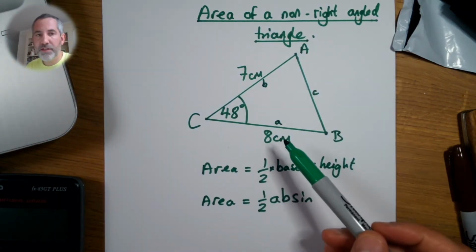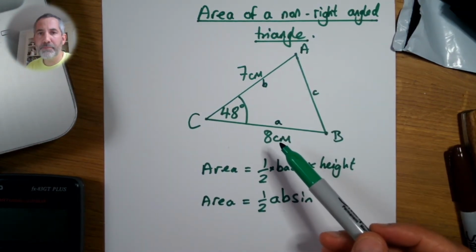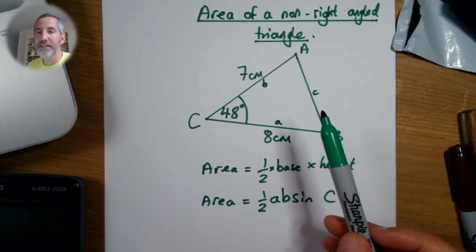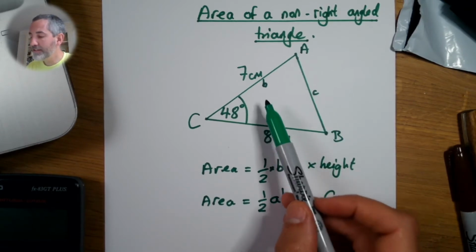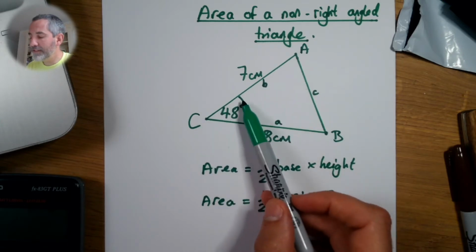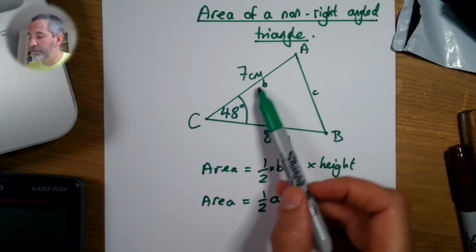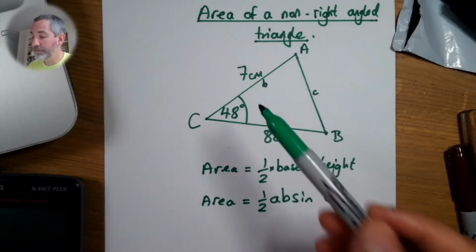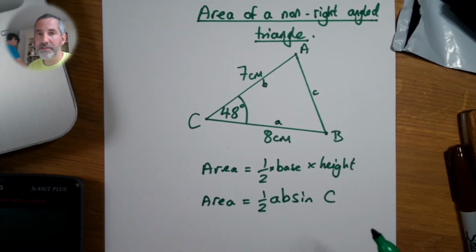So I want you to notice the positions of a, b and angle C. Look, a is here, b is here, and C is the angle between those 2 sides. So what's happening here is you've got 2 sides and the angle between them. And we've got exactly that information in this diagram.